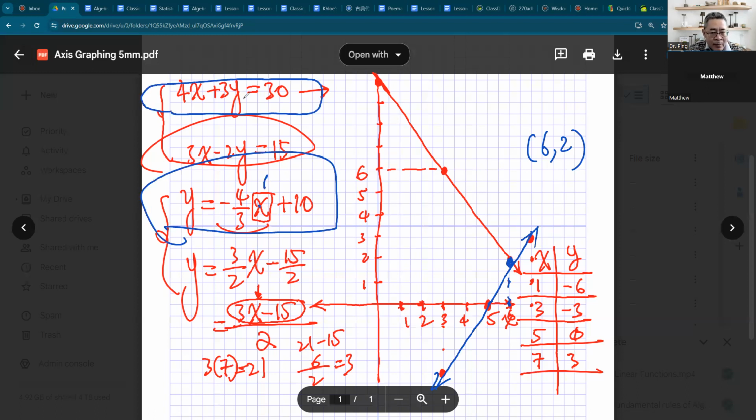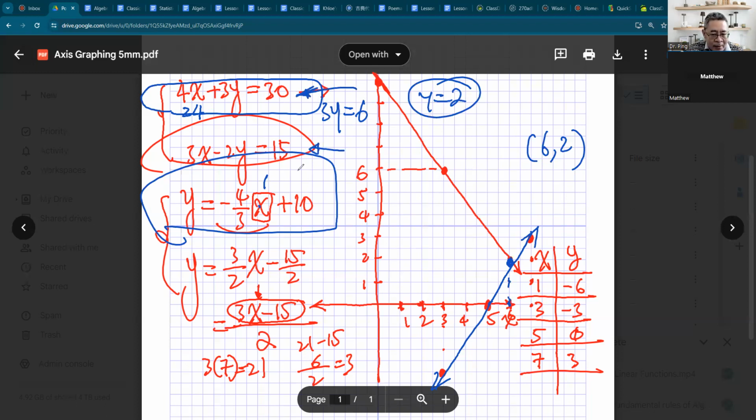So plug in on top. X is 6, this is 24, right? Then minus 24 on both sides, then 3y is 6, then y is 2. So that works for this equation.